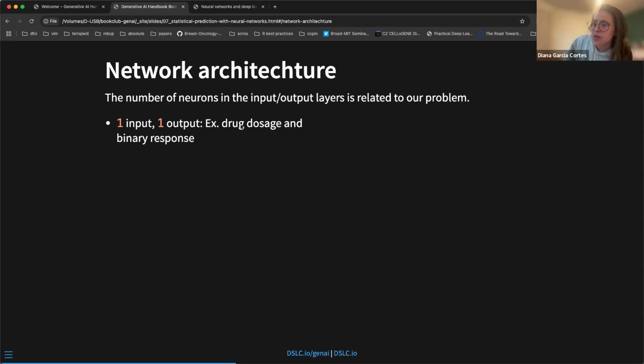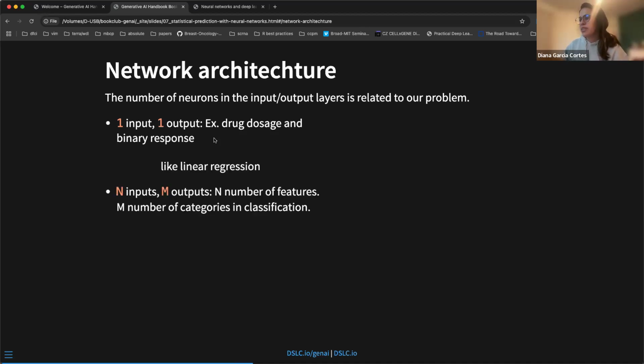So in this case, we will have one input that will be the dosage and one output, and we can code that output into a binary response, because with just one number we could say if they responded or not, and that will be like linear regression.